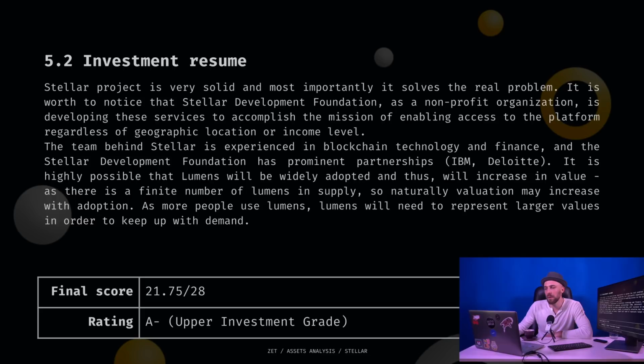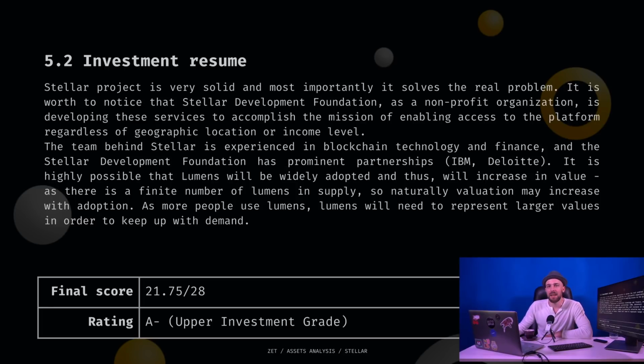It is highly possible that lumens will be widely adopted and thus increase in value, and there is a finite number of lumens in supply, so natural valuation may increase with adoption. As more people use lumens, lumens will need to represent large values in order to keep up with demand.